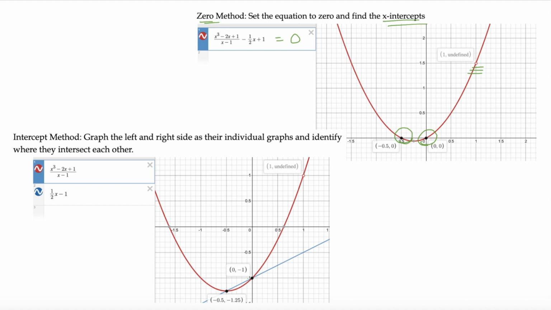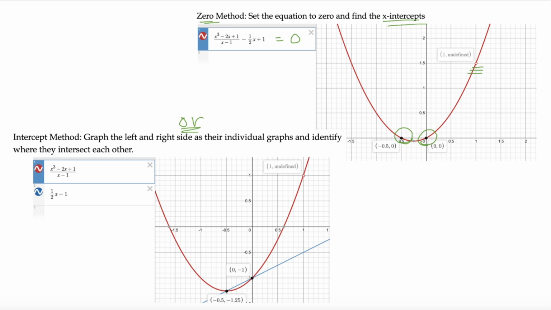The second method, so I'm going to put the word or here, or we could graph the left-hand side, which was the x cubed minus 2x plus 1 over x minus 1. And on the second line, I'm going to graph the 1/2 x minus 1 and determine where they intersect. So the intercept method is to graph the left of the graph and graph the right of the graph and identify where they intersect each other.